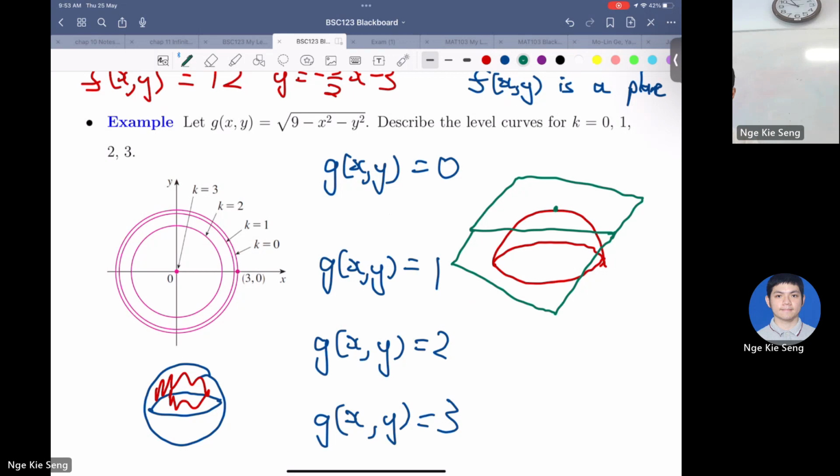So why are we interested in level curves? Because we can reconstruct the surface using the control map. I just need to tell you the height. The height is hidden in the number. So that's why we are obsessed with numbers.